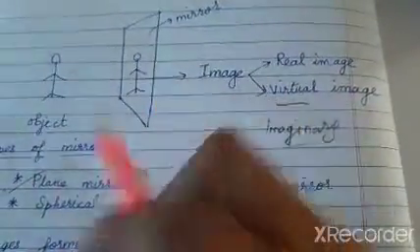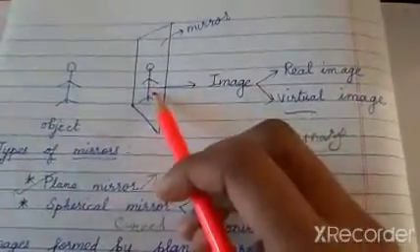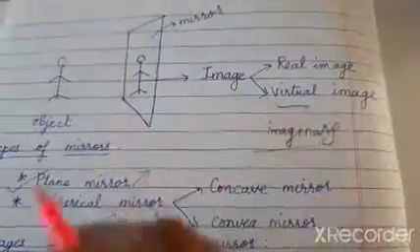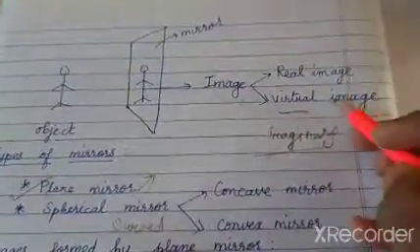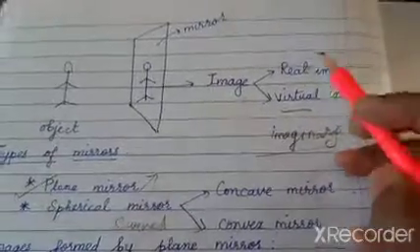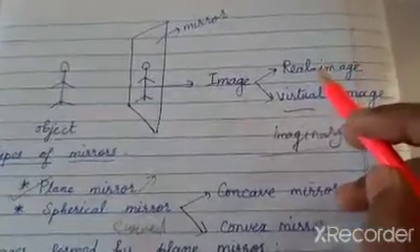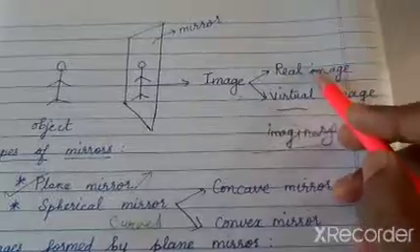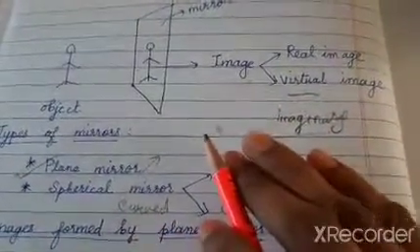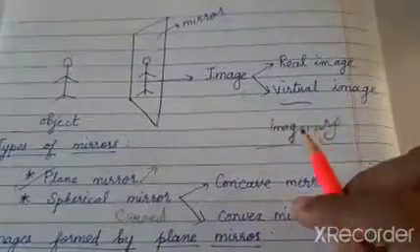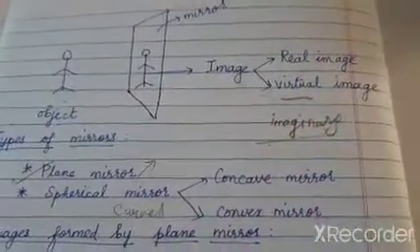I cannot capture it, but I can only view it. So this is an imaginary image. These are the two types of images, real image and virtual image. Real images can be obtained on the screen, whereas virtual images cannot be obtained on the screen. It is just an imaginary one which can only be viewed.